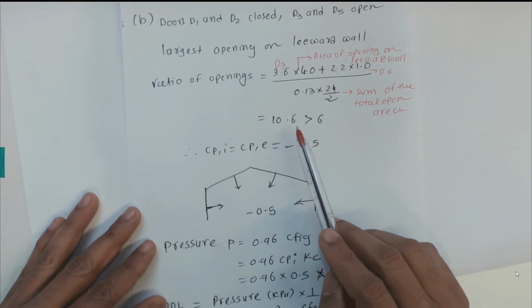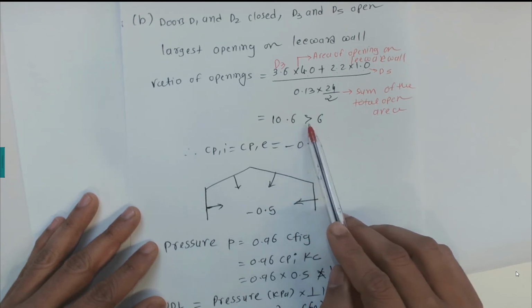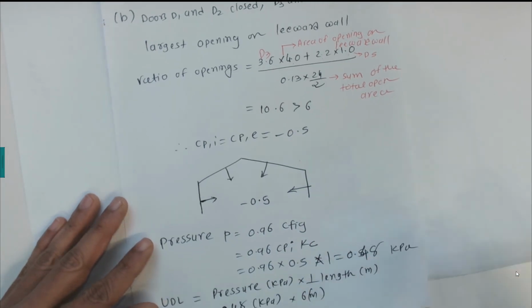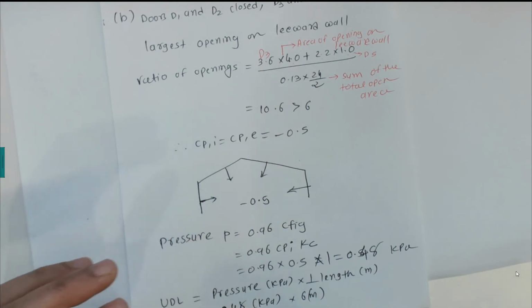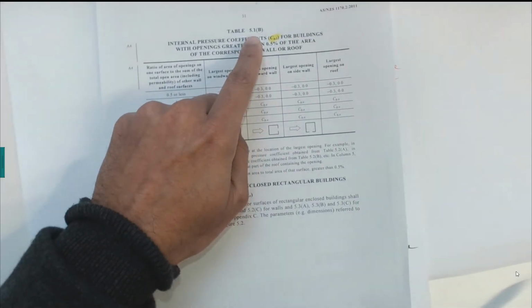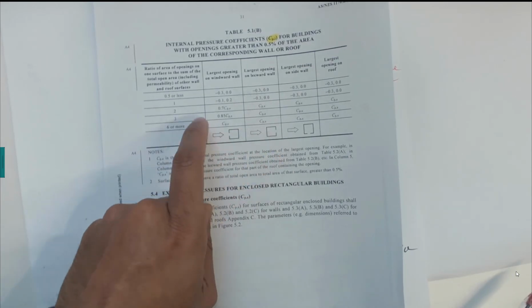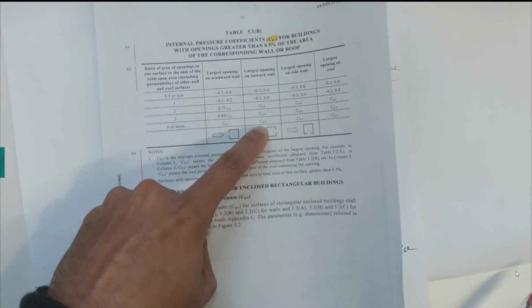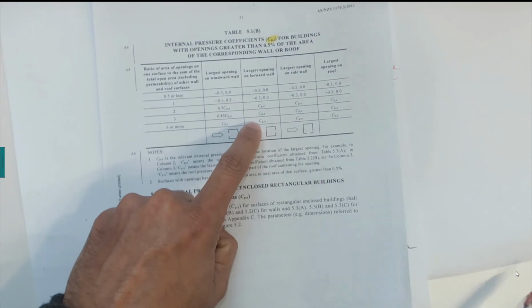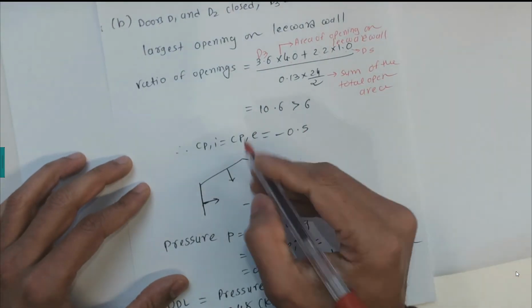That ratio gives us 10.6, which is greater than 6. In this case, we are going to use again table 5.1.p on page number 31, and now the largest opening is on the leeward wall, and it's greater than 6. So CPI is equal to CPE for leeward walls. Now this CPE for leeward walls.